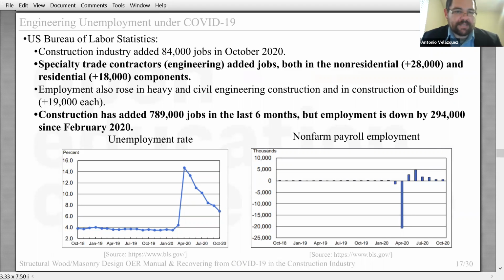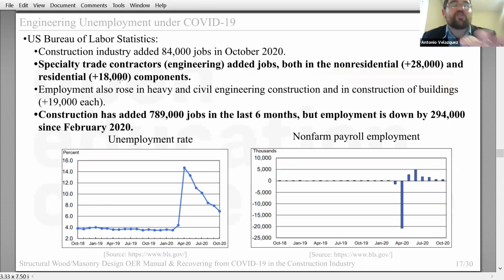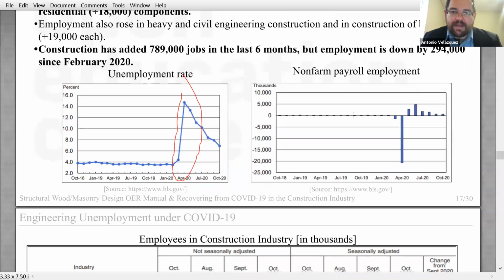So, some general graphs of the unemployment for the past year. You have probably seen these graphs before. I'm just focusing here on the construction industry, how we have lost jobs. Look at the jump in jobs in April, and how we are now overcoming and recovering the jobs little by little. But again, this is lagging a little bit.